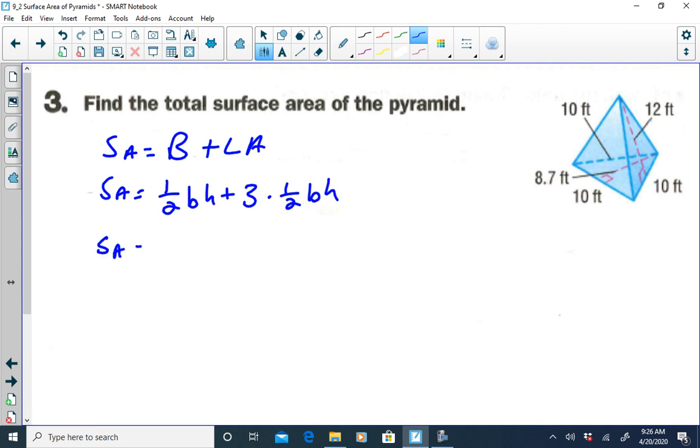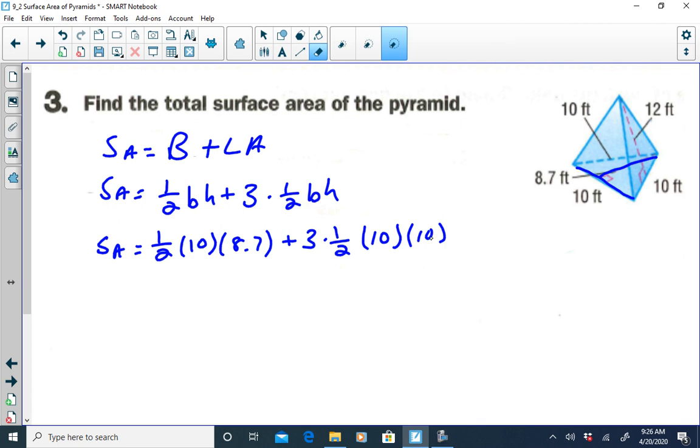So the surface area is going to be equal to 1/2. Well, what's the base and the height of the base here? Well, that's going to be 10 times, this is 8.7. So that's 10 times 8.7 plus, this is going to be 3 times 1/2. Well, what are the base and the height of the triangles? Well, that's going to be 10 by 12.